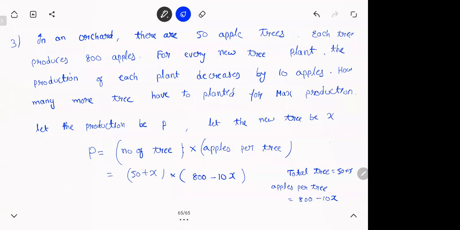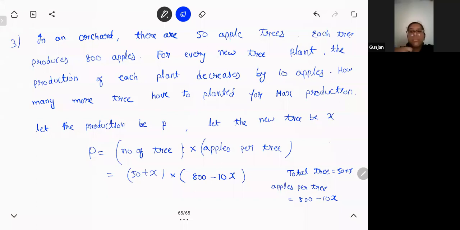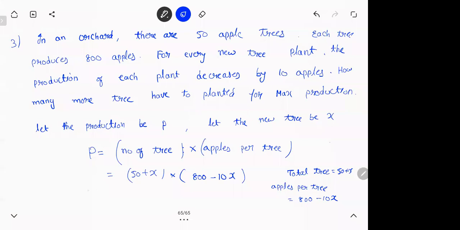Any doubts there? Please ask me. Make sense है या? Gunjan? Tanay? Clear ना? No. So this is P. Let me write on the next page. Copy down. I'll turn the page.